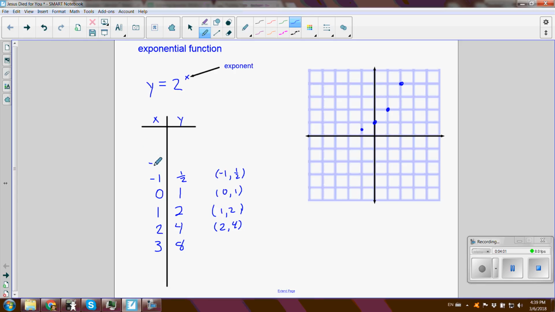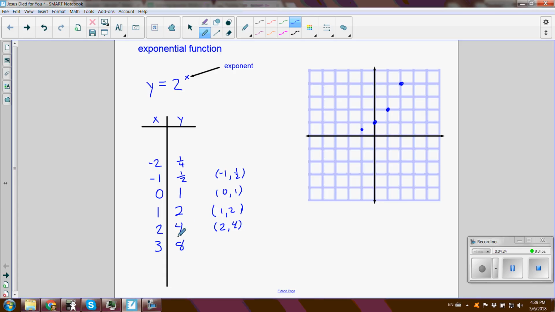And if x equals negative 2, y would equal 2 to the negative 2 power. We'll follow the pattern. Just keep dividing by 2 to move up. What's half of 1/2? That's 1/4. So 2 to the negative 2 is 1/4.